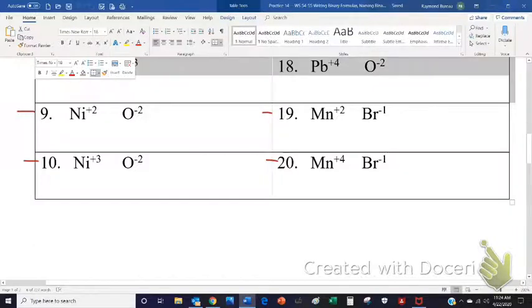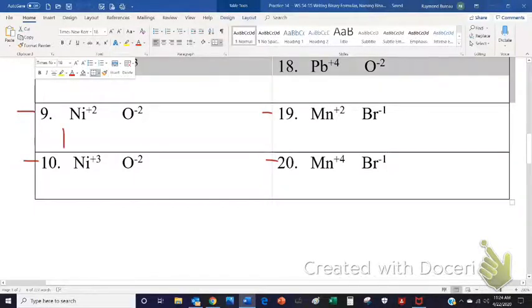All right, so number 9, we have nickel and oxygen. The oxidation numbers are given. Sometimes they are, sometimes they're not. Whenever they're not given, just look on the charts. You see on page 440 in the book, the common oxidation numbers of some elements, and the handout also.